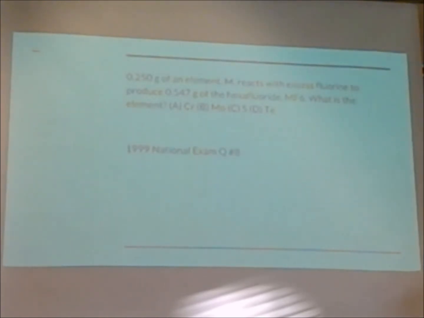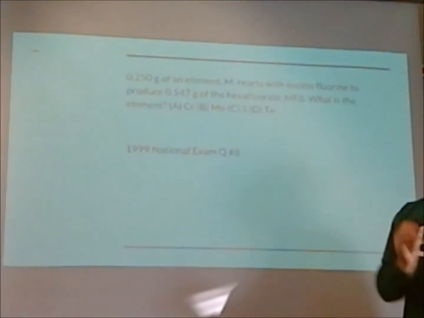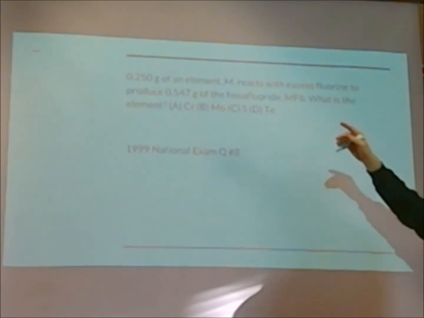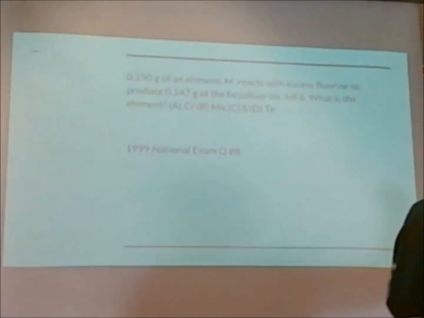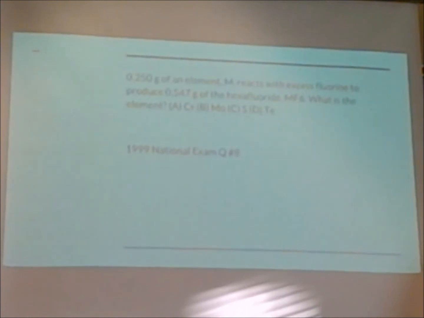So we are given that we have this many grams of hexafluoride. So we're going to subtract M. We are given that many grams of the hexafluoride. What we're going to do is subtract how much we have of M to get how many? 0.297 grams of M. Because we subtracted, sorry, not M, grams of fluoride.